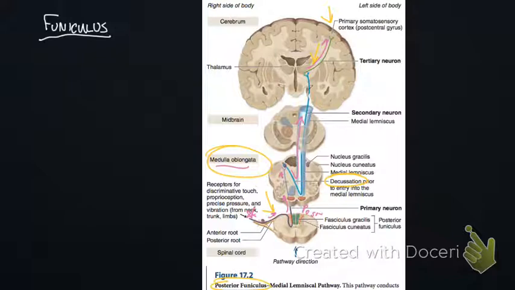So this right here is actually white matter, this is gray matter, and it's traveling all the way up to this point right here, and it says the primary somatosensory cortex. So that's the sensory pathway that a nerve would actually take through one of these funiculus. Okay.